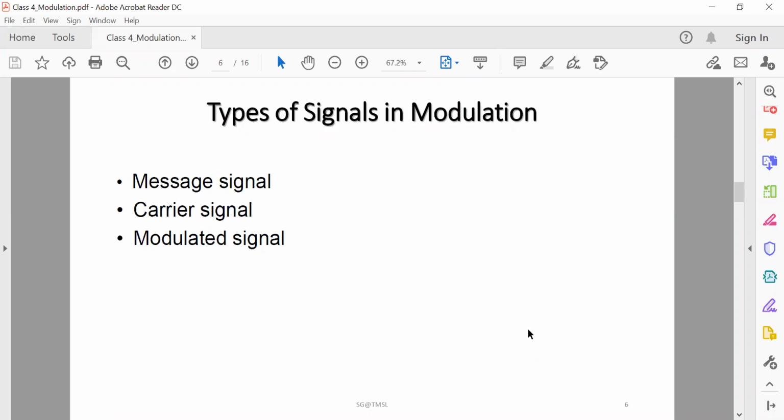Clear? The carrier signal is the high energy or high frequency signal which has characteristics like amplitude, frequency and phase but contains no information. It is also simply referred to as a carrier.